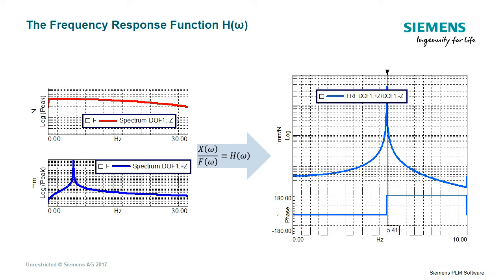The frequency response function, or in short FRF, shows what the amplitude and phase would be of a response given a certain input force at a given frequency. We can immediately see what happens at resonance. Even though we keep the excitation level constant, if we excite our system at a particular frequency, we get significant amplification of the response.